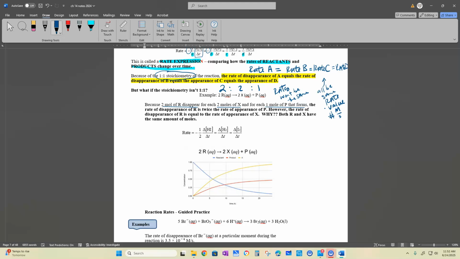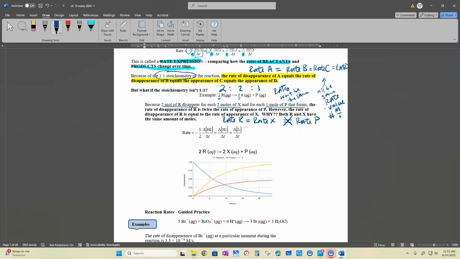Of the chemicals above, which would actually have the same rates? Well, because I have a 2 and a 2, the rate of R would equal the rate of X, but what about P? They wouldn't. So the rate of R would not equal the rate of P. What would be the rate of P?